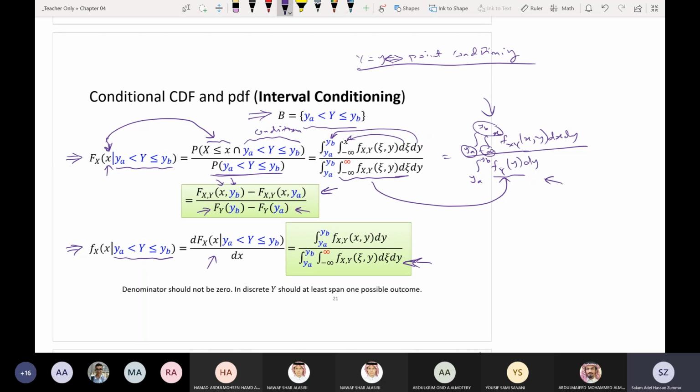The numerator is a function of x in terms of the integral. If we differentiate an integral with respect to x, the integral goes away, and we end up with only one integral over y. Okay?